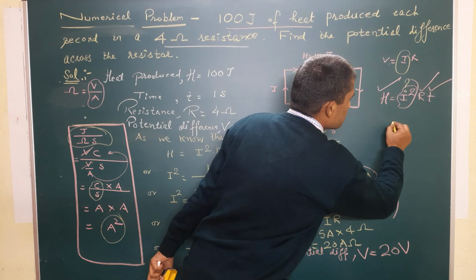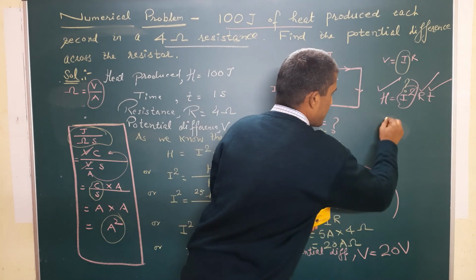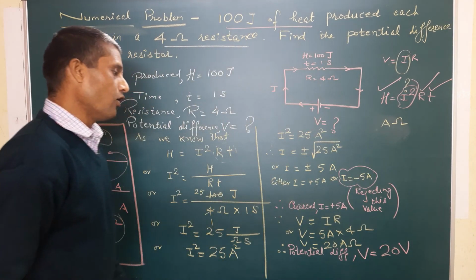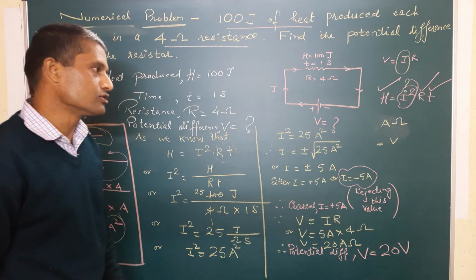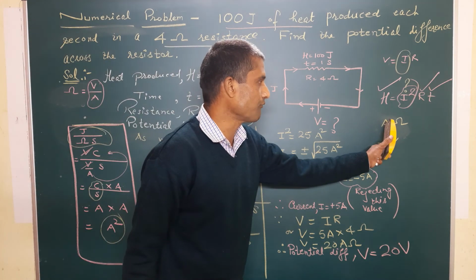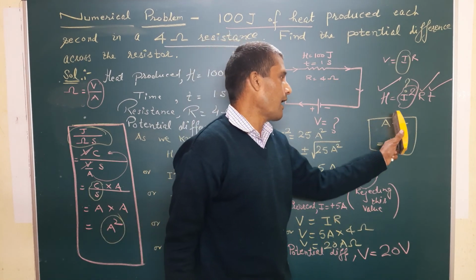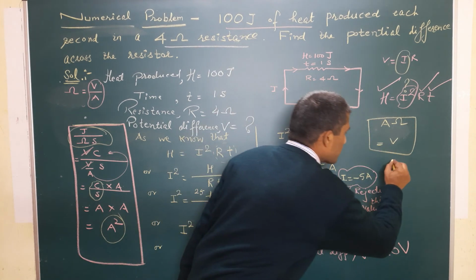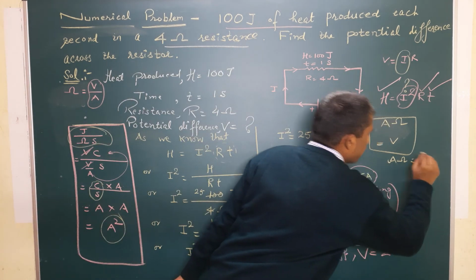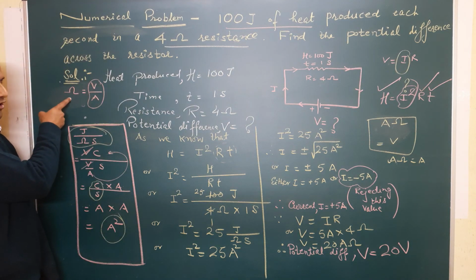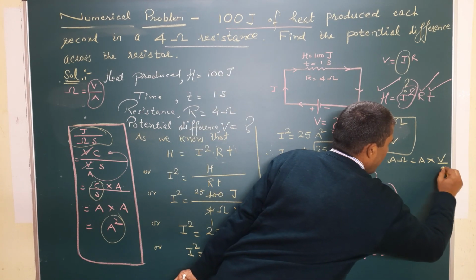Why is ampere into ohm equal to volt? Because in case of ampere we will write it as ampere, and by using ohm is equal to volt upon ampere, we will write in case of ohm, volt upon ampere.